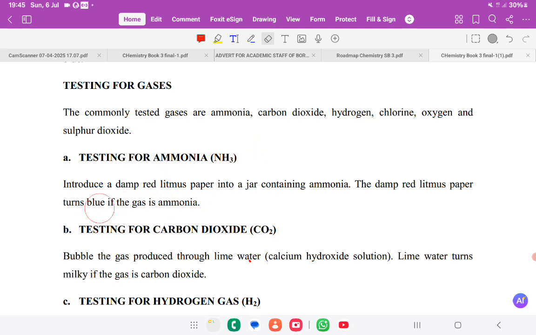It is because ammonia is a base, and under basic conditions, red litmus paper turns to blue. So all bases turn red litmus paper to blue.